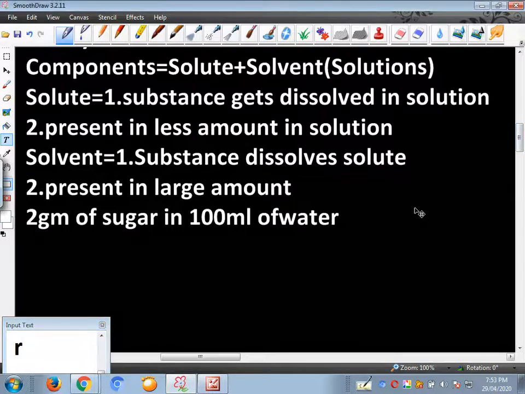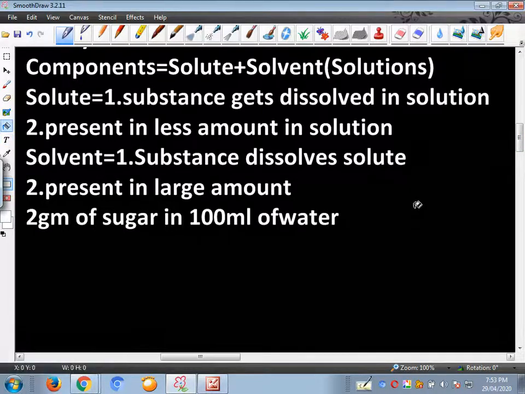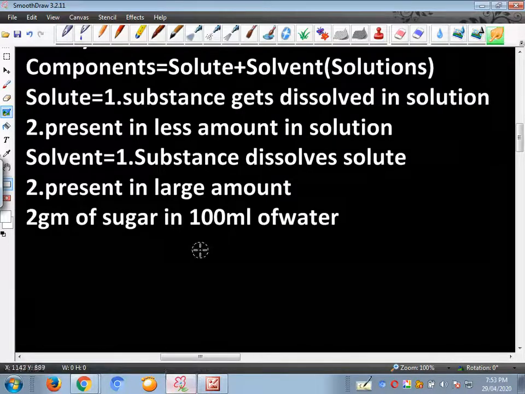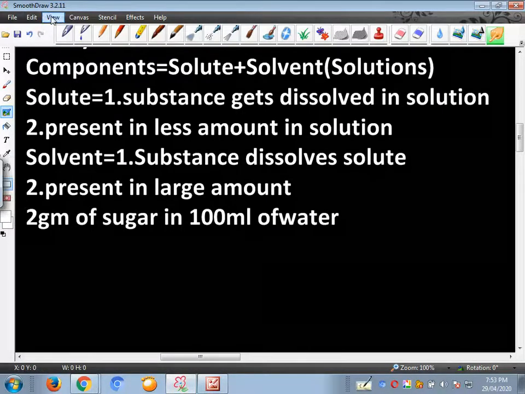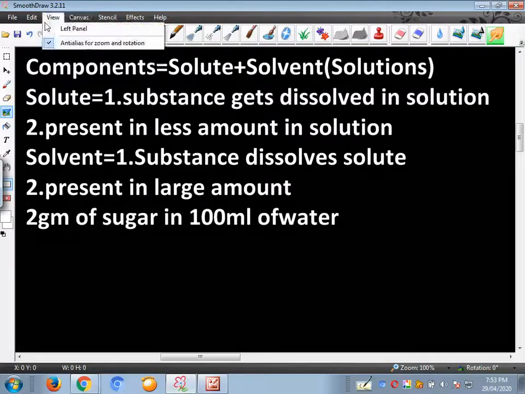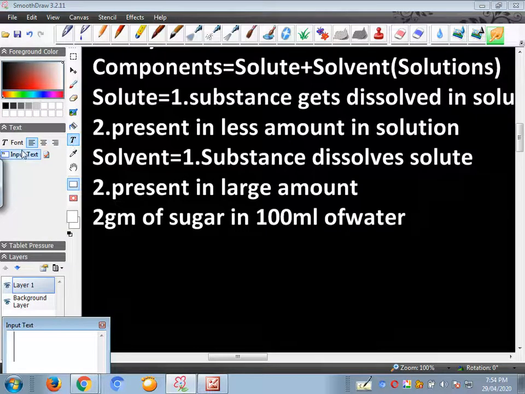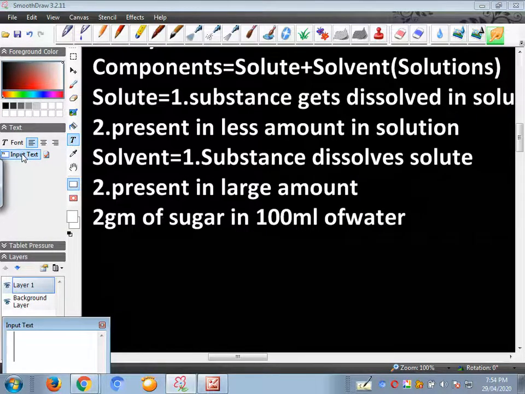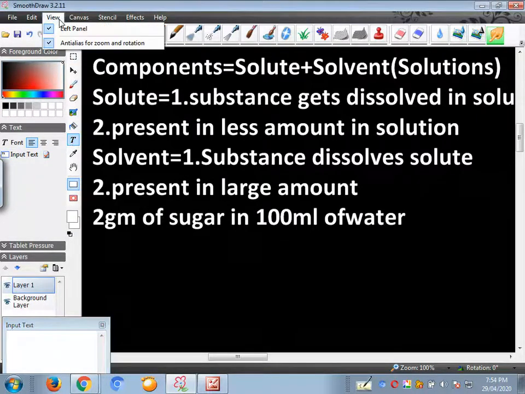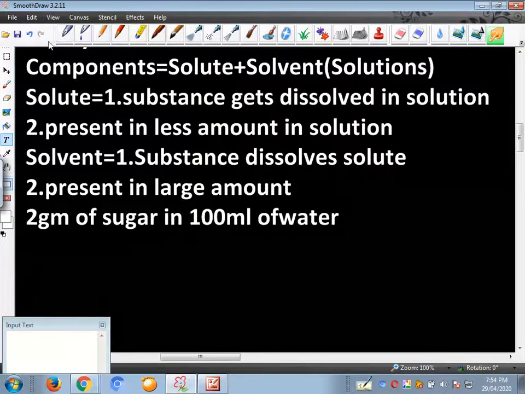We call this basically a sugar solution, right? So in this sugar solution, the quantity which is present in lesser amount is sugar, so sugar is said to be the solute, and the water is said to be the solvent, right? So a different example we can see.